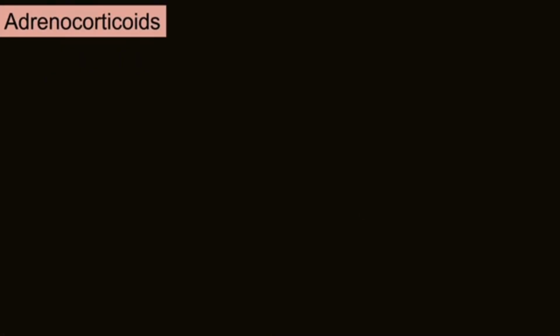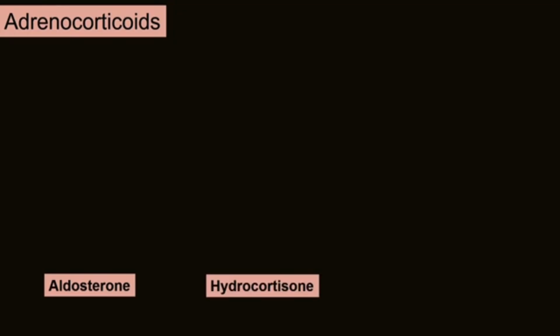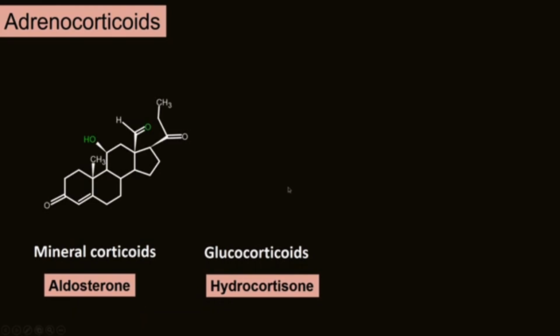Next, other hormonal drugs are adrenal corticosteroids, of which there are two types. One is aldosterone, the other hydrocortisone. Aldosterone is also known as a mineralocorticoid, whereas hydrocortisone is known as a glucocorticoid. So the mineralocorticoid aldosterone has a very typical structure which contains an aldehyde group on this carbon, which results in formation of an acetal group.